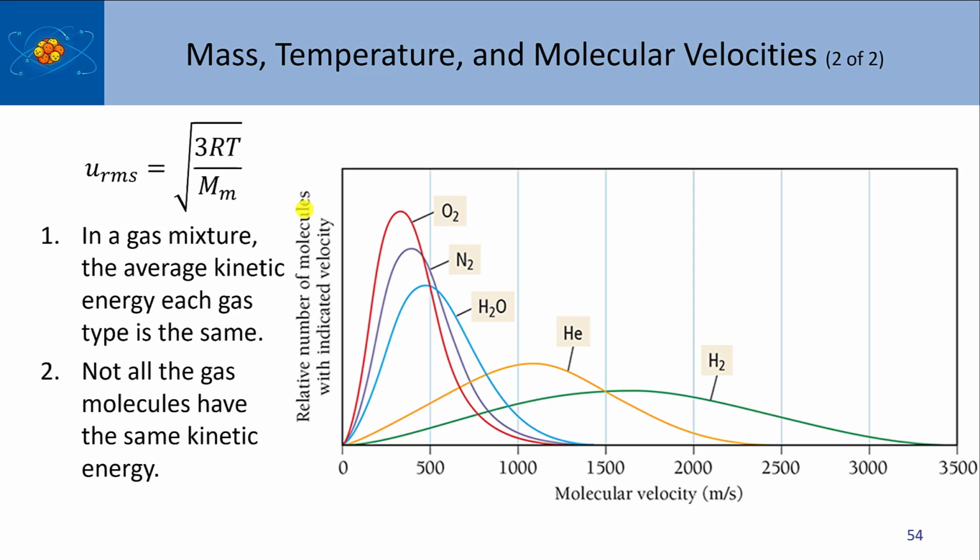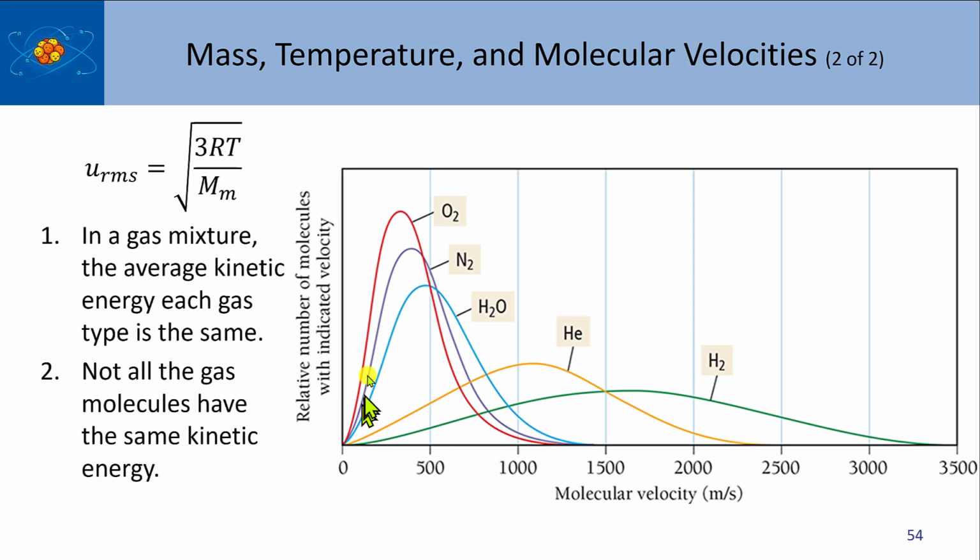So one of the things that comes out of kinetic molecular theory is that when you have a mixture of gases, so in this particular example, there's oxygen, nitrogen, water, helium, and hydrogen, for each grouping of gas molecules, their kinetic energy is the same. So for example, what we have listed on the left side is relative number of molecules with indicated velocity, and here we have molecular velocity.